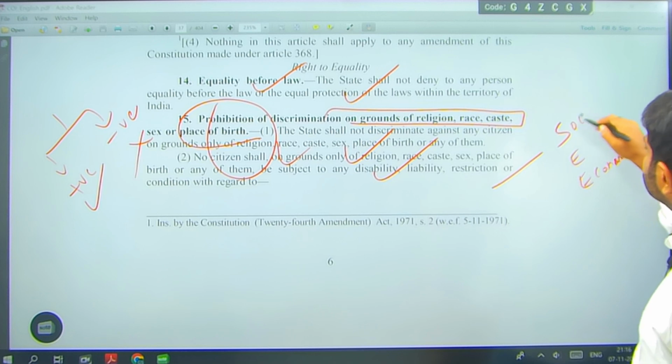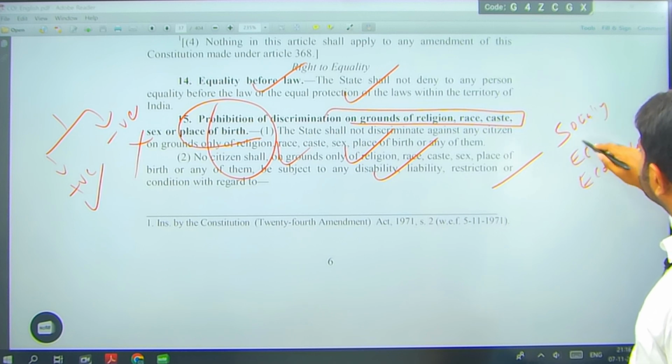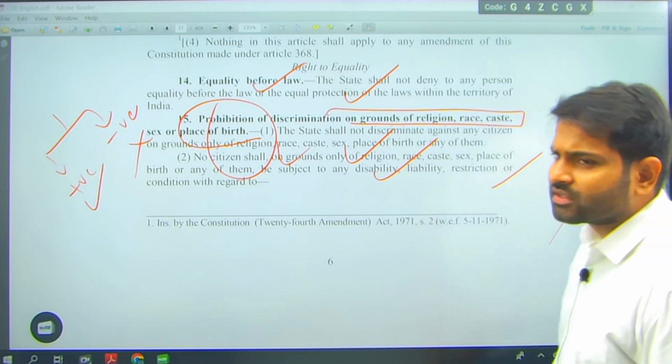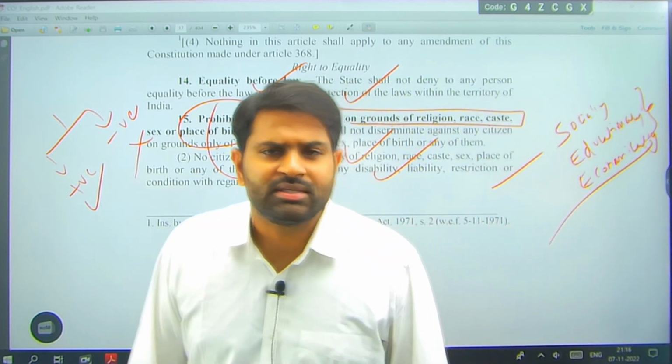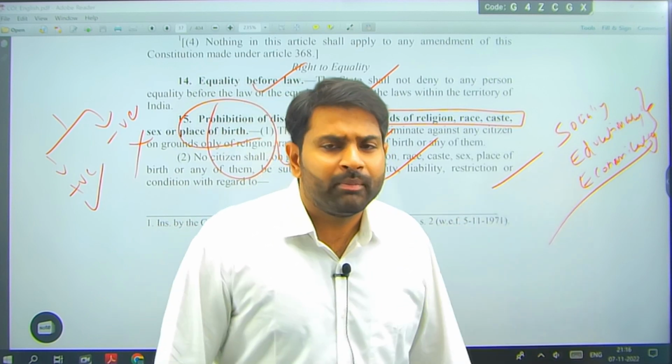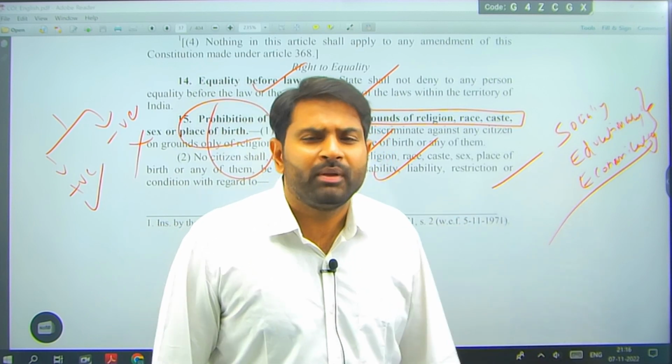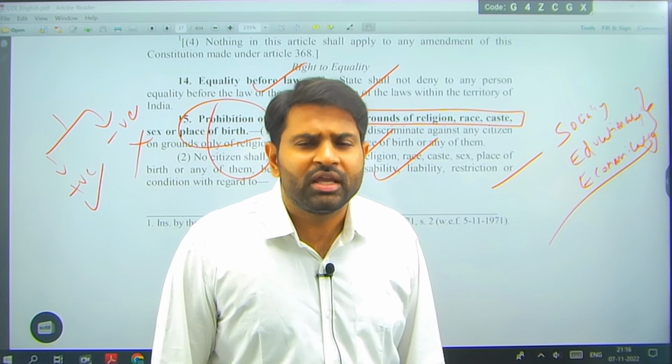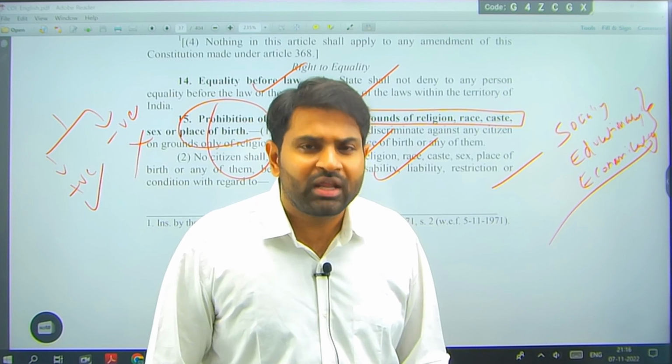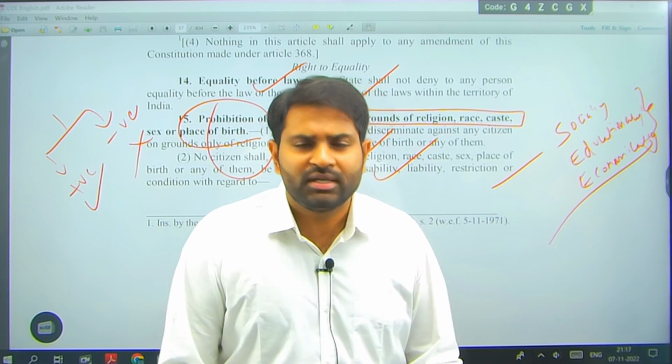In your words, reservations. Socially backward people, SC, ST. Educationally backward people, BC, and economically backward people, BC and EWS. If you are giving special privileges to them, you cannot say discrimination.